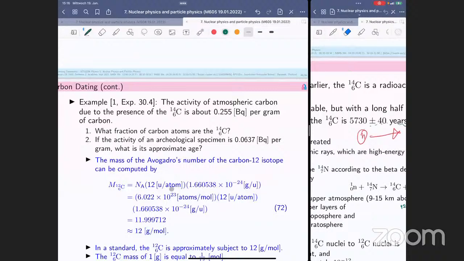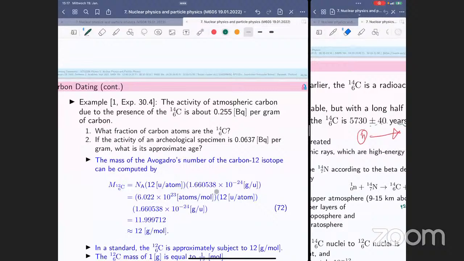And carbon-12 has 12 atomic mass units per atom, and we would have 1.660538 times 10 to the minus 24 grams per atomic mass unit.